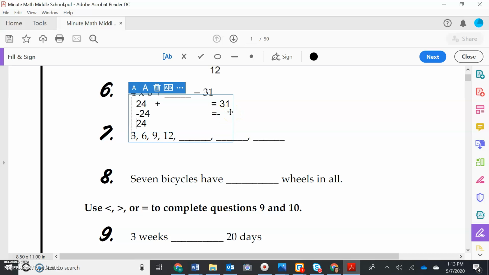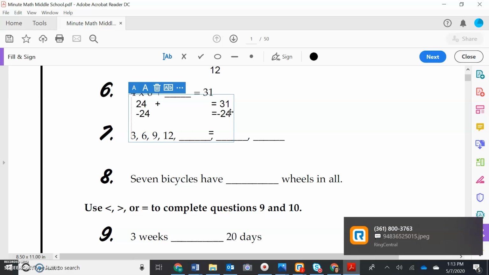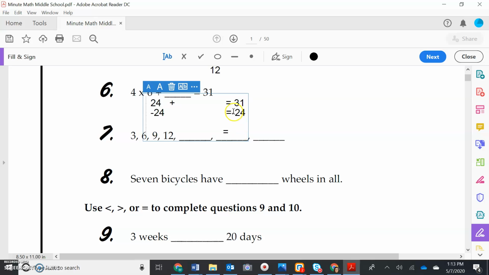Your answer, when it comes all the way over here, equals 31 minus 24, that's going to be your answer for number 6.